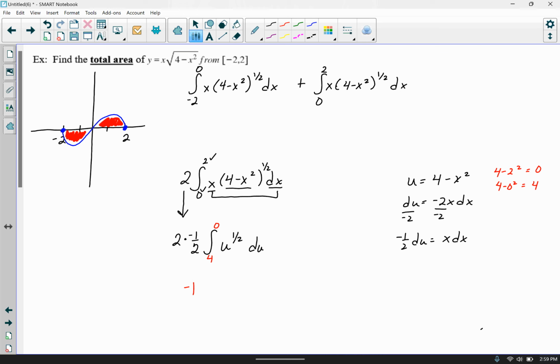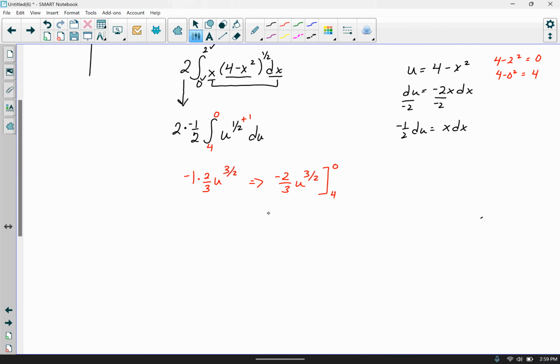Inside here, taking the integral, I'm adding 1, so that becomes u to the 3/2, with reciprocal 2/3. So I have negative 2/3 u to the 3/2, and I'm going to evaluate that from 4 to 0.